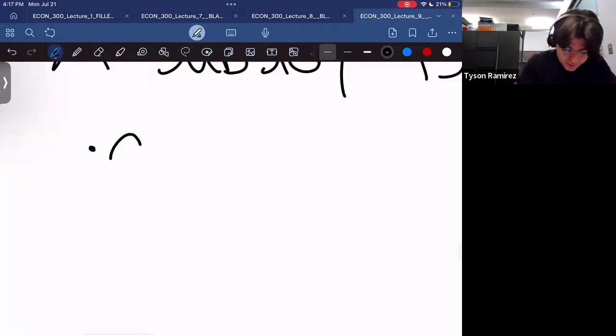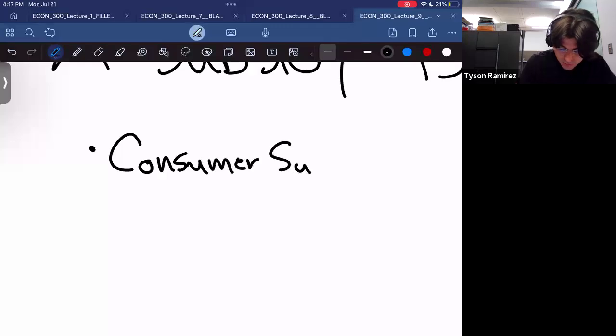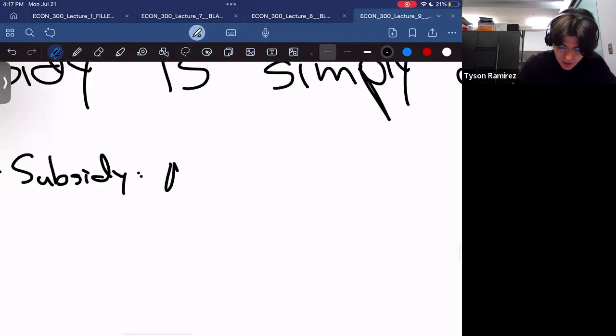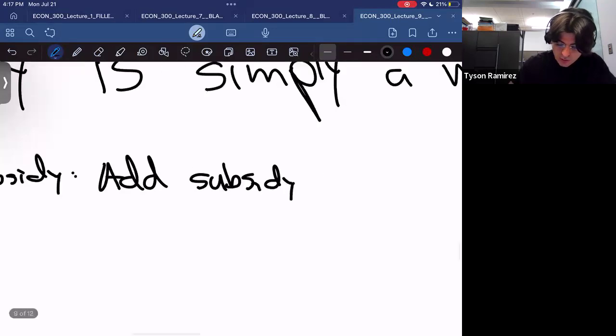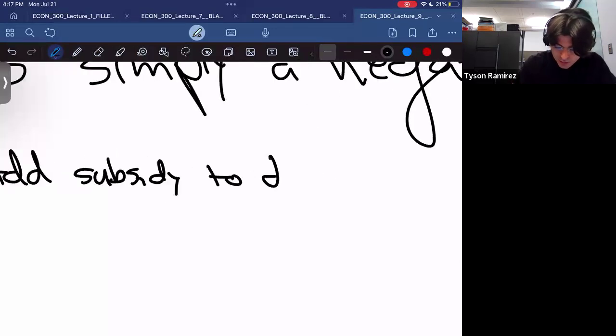So specifically, for a consumer subsidy, add the subsidy to demand.